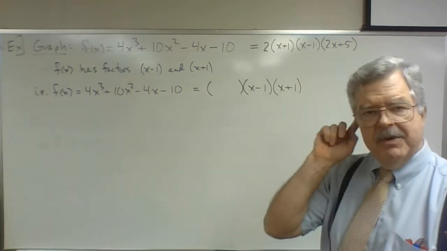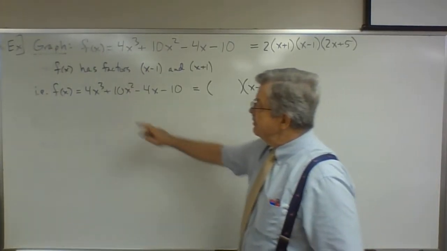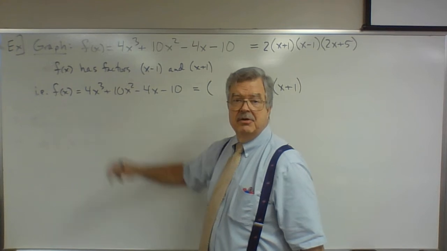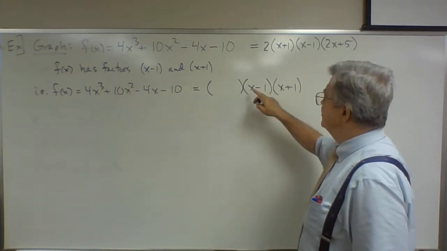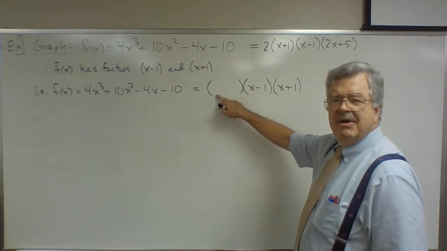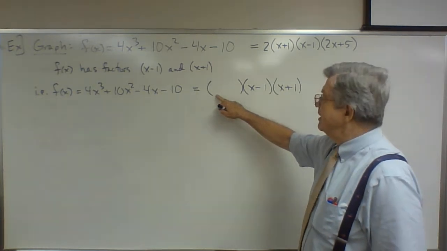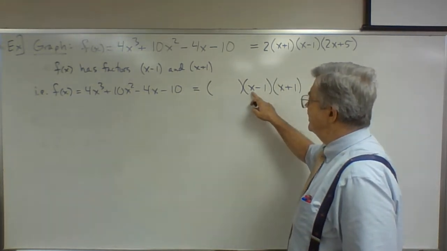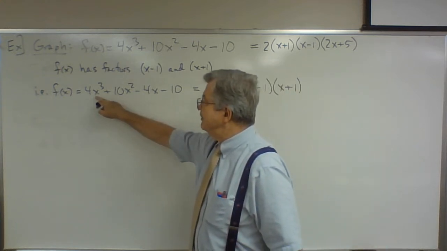And here's how we do it. What we have is a third degree polynomial, x cubed. We have x times x is x squared. So whatever goes here has to be something times x. X squared times something times x gives us 4x cubed.